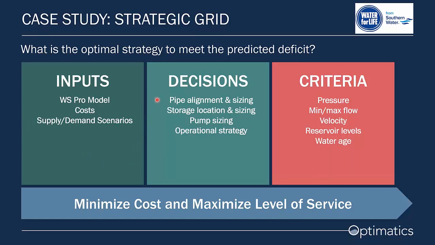The decisions were the pipe alignment and sizing, storage location and sizing, pump sizing, and operational strategies. And the criteria was pressure, min and max flow, velocities, reservoir levels, and water age. So our criteria here, although quite simple, we can imagine these can get quite granular and detailed when we think about how they're actually applied in the network. Overall, we're looking to minimise cost and maximise level of service.